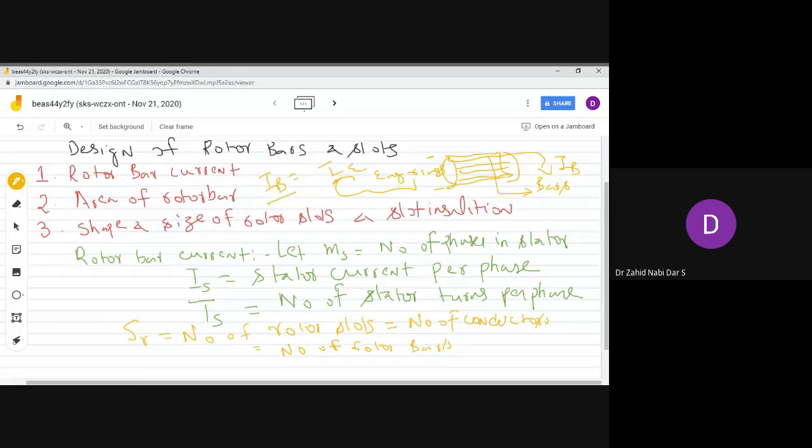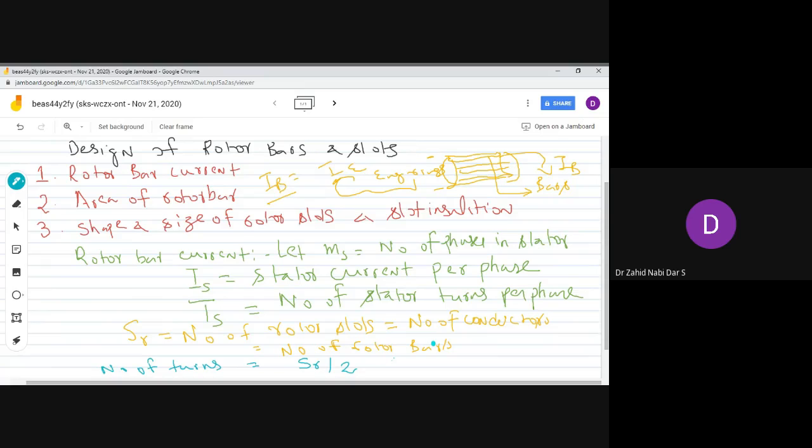So one turn has one half of a conductor. You can safely write the number of turns as Sr divided by 2.